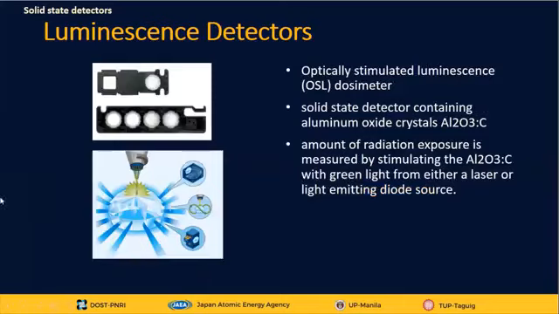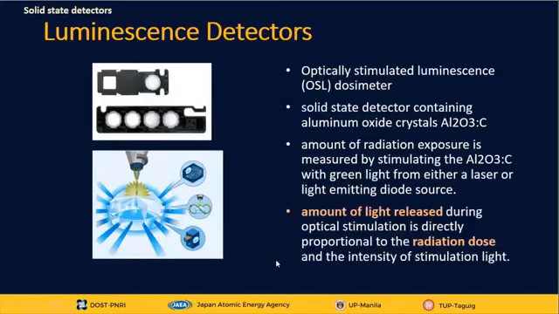Another type of luminescence detector is the optically stimulated luminescence detector, or OSL. This is a solid-state detector containing aluminum oxide, and similarly, the amount of radiation exposure is measured by stimulating with green light from either a laser or light-emitting diode source, unlike the thermoluminescent detectors, which require 100 to 300 degrees Celsius for the energy to be released.